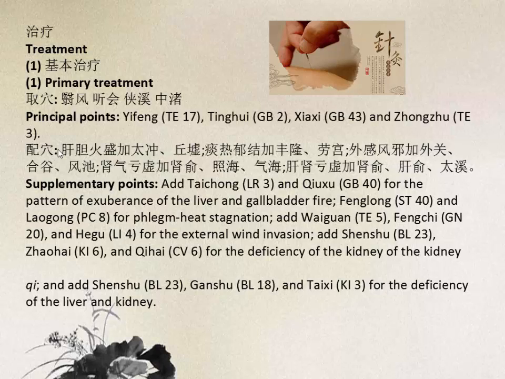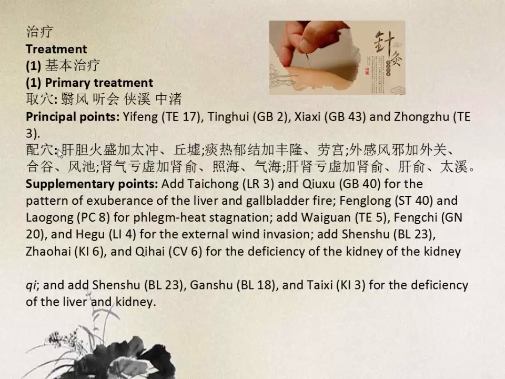If you look in the textbook, they can be used to treat 1,000 diseases, right? Everything can be treated with this. So you have to prioritize a little bit. That's part of what this is about. And Li 4 is another example of one of those points, used for exterior wind, though.